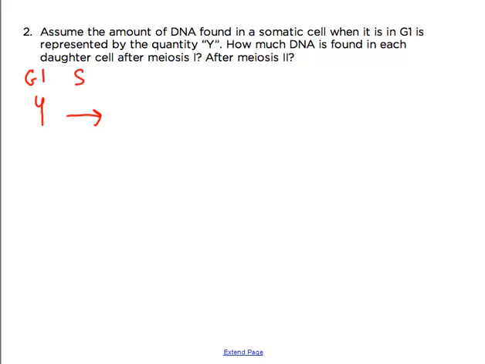As it goes through S phase, each of the chromosomes gets doubled, so I hope it makes sense that there'll be double the amount. So by the time you get to G2, there will be 2Y total amount of DNA in there. Whatever Y is, it really doesn't matter. Now, if we were talking about mitosis, isn't the whole point of mitosis to make cells that were equal to the original one?